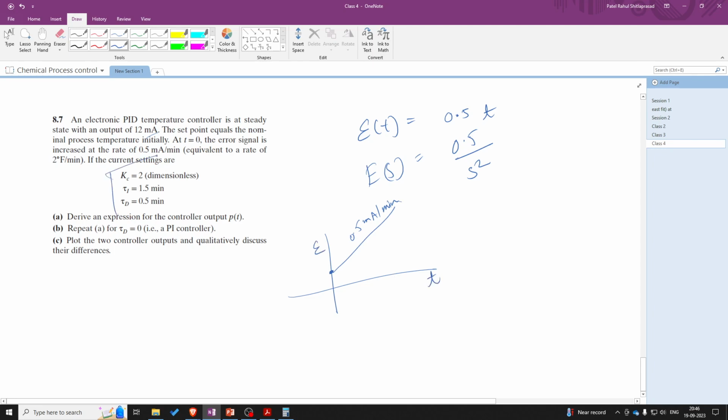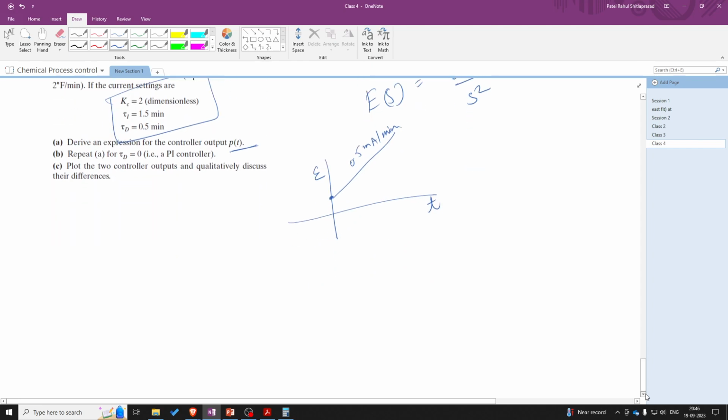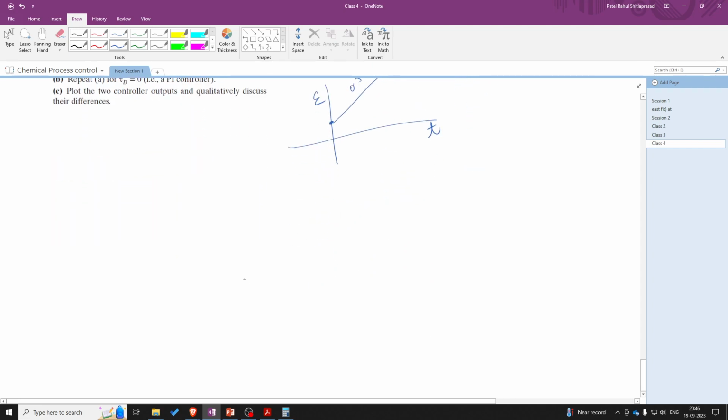Then we have been given the PID controller parameters and we have to find the expression of the controller output Pt. For the PID controller, we have the transfer function model P(s) upon E(s) equal to Kc times 1 plus tau D s plus 1 upon tau I s.